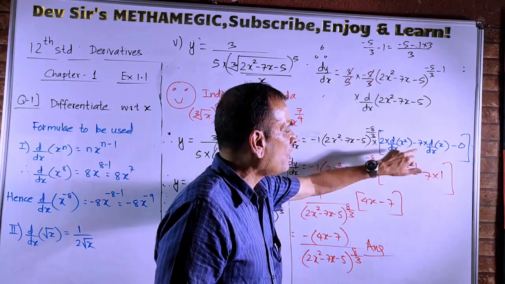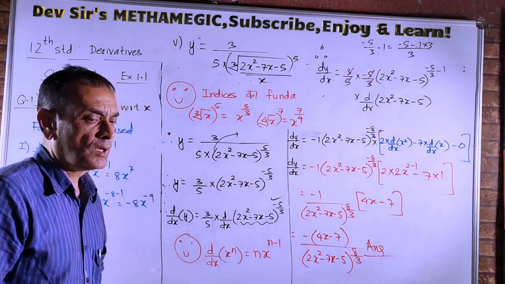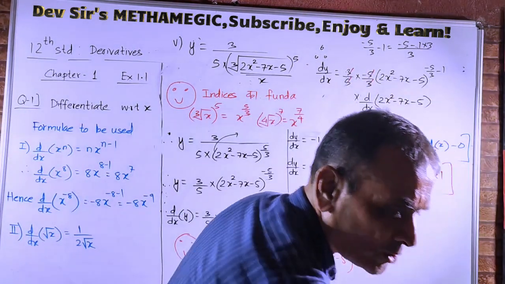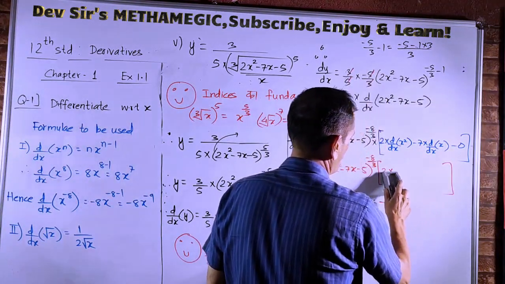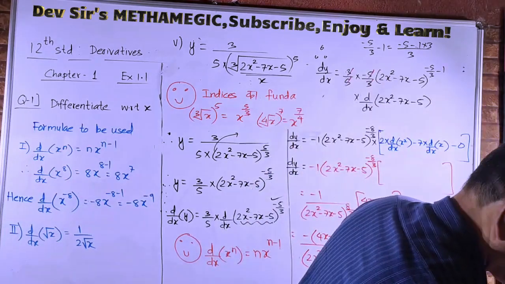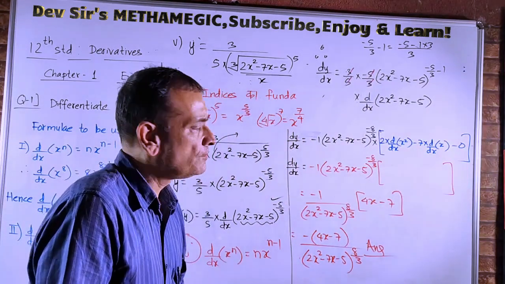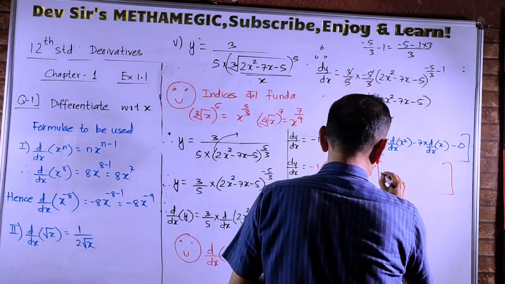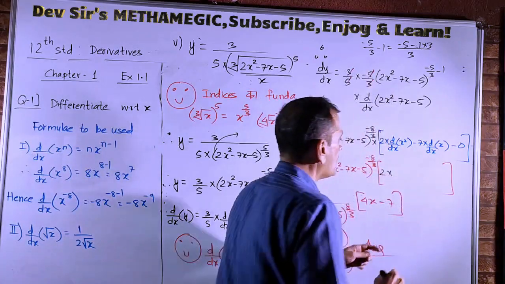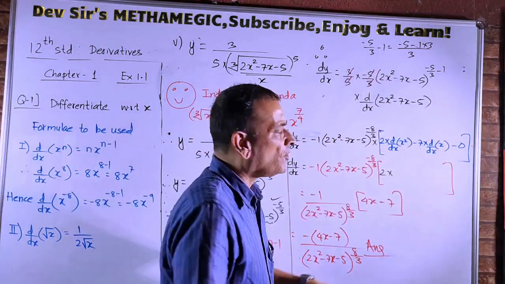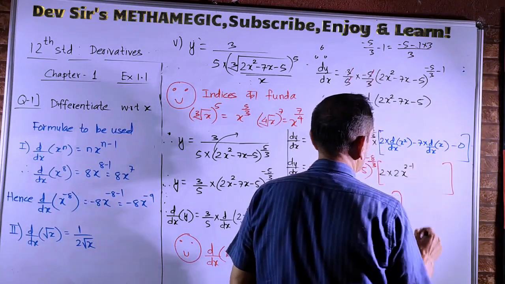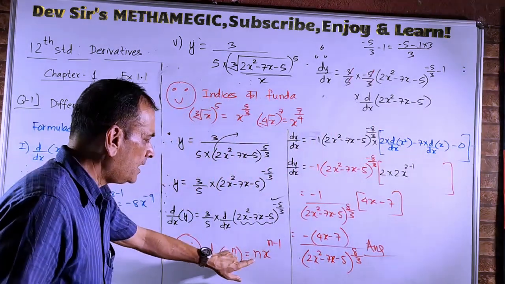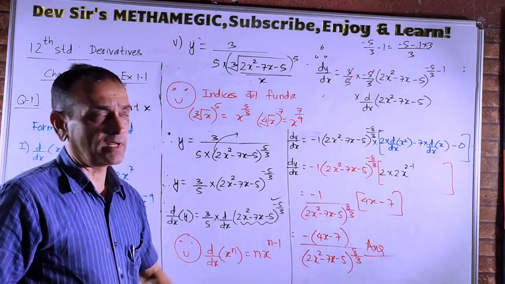Again use the formula for x raised to n. अभी x raised to n का formula, I just show it again here. Observe. x raised to n का formula 2 comes in front, x raised to 2 minus 1, n x raised to n minus 1.